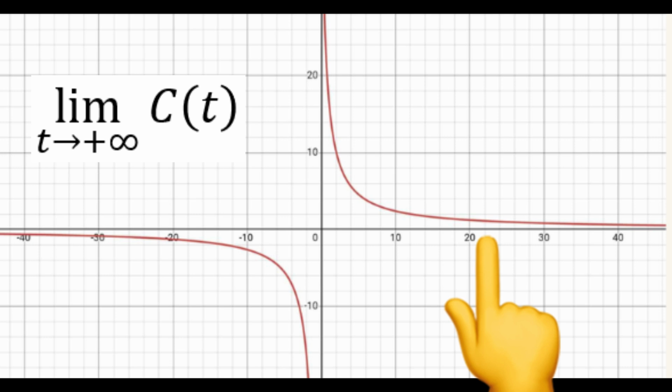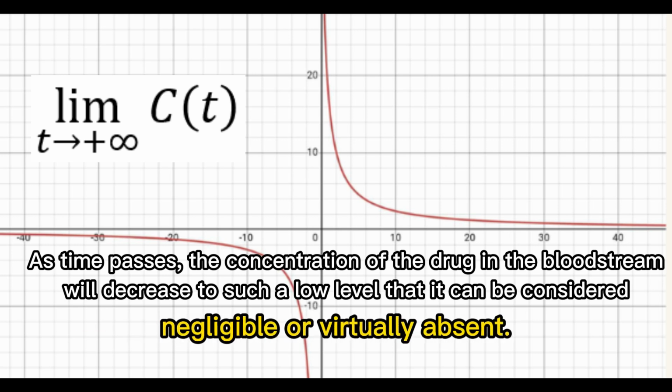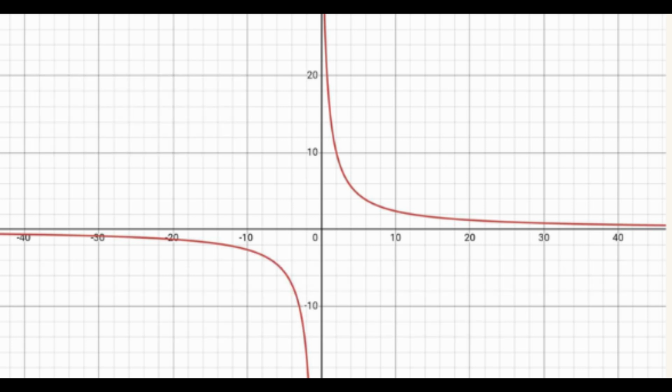Thus, we can conclude that the limit of C(t) as t approaches positive infinity equals 0. This means that as time progresses, the concentration of the drug in the bloodstream gradually decreases to such a low level that it becomes negligible or virtually absent.